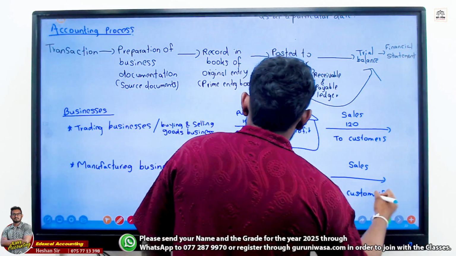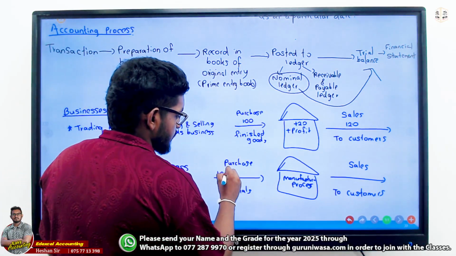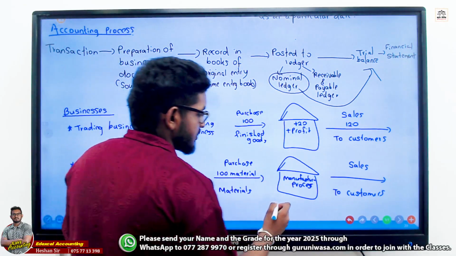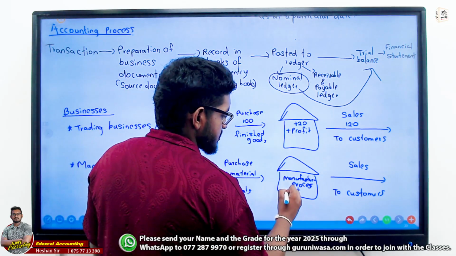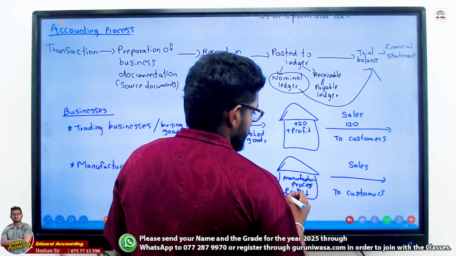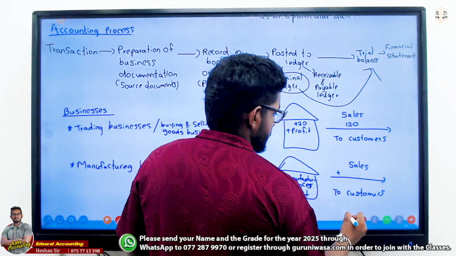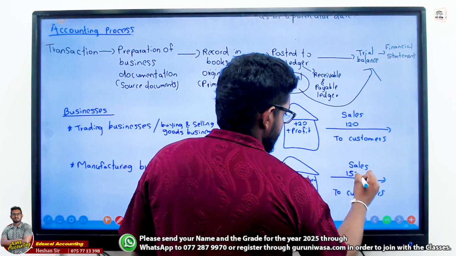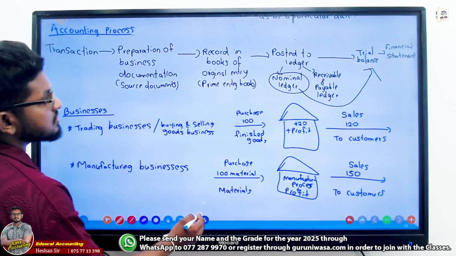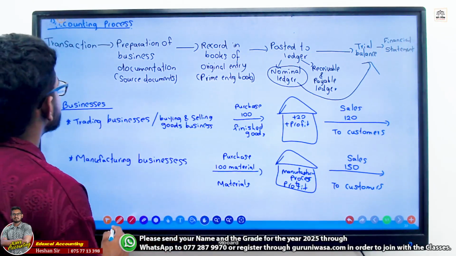Think they purchase 100 worth of materials, and there's a manufacturing process plus they add the profit, and then they sell it for like 150. Got it? Right?